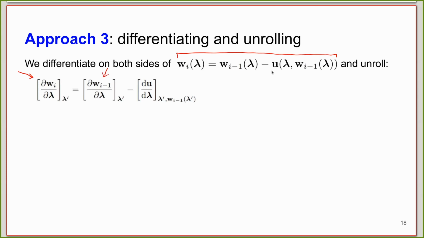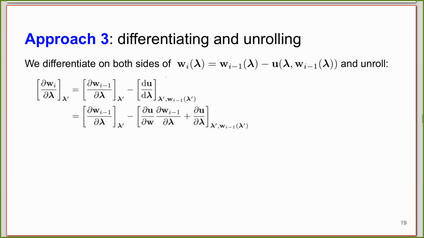I just differentiate in this expression. And then I have here the gradient of U with respect to lambda. Again, U depends on lambda in different ways. There is a direct dependence of the update function on lambda, but an indirect one through the weights. This is the same thing that we have been doing all the time.